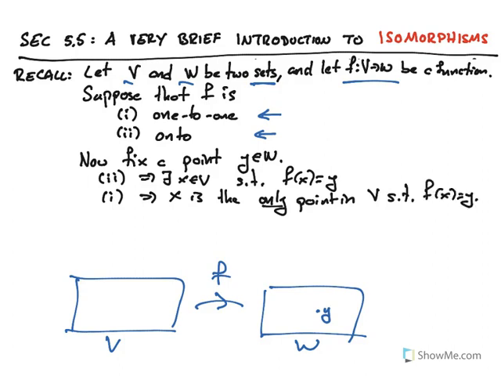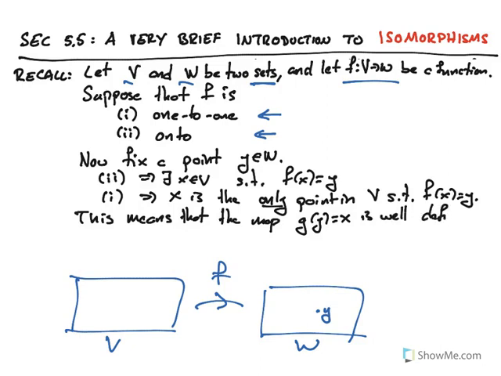So what this means is that we can define the inverse of f. So this means that the map g of y equal to x is well defined, and g is the inverse of f.